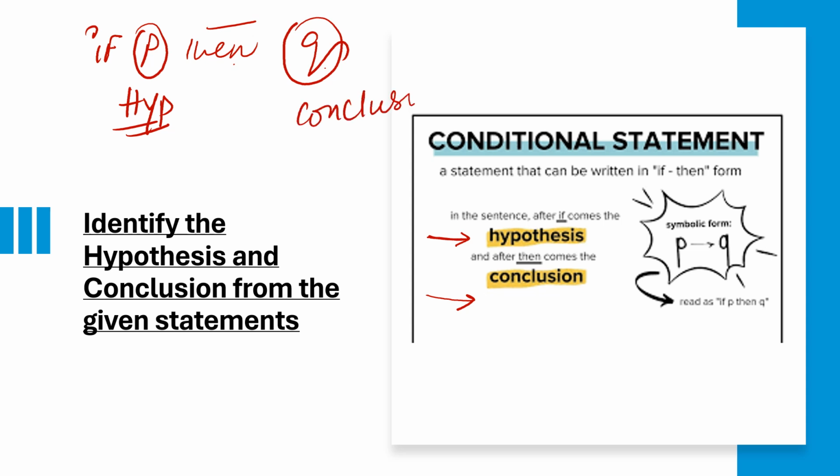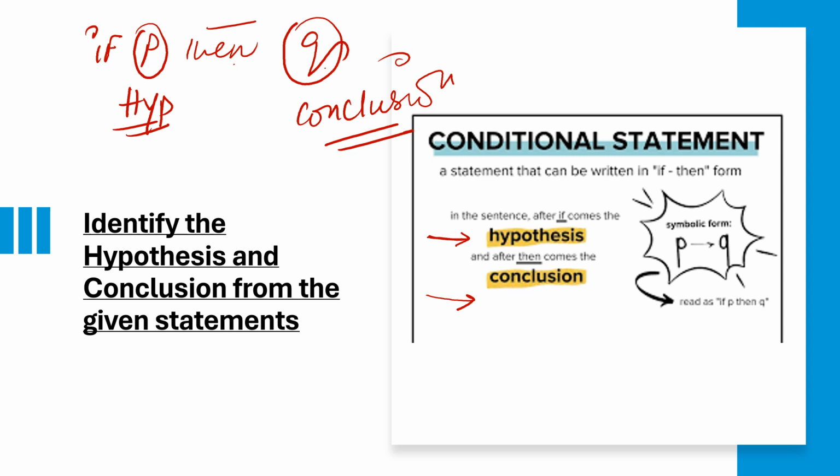Do not change their places by saying that it doesn't make sense. Whatever is written, whether it makes sense or not, the statement after the if is your hypothesis and the statement after the then is your conclusion.